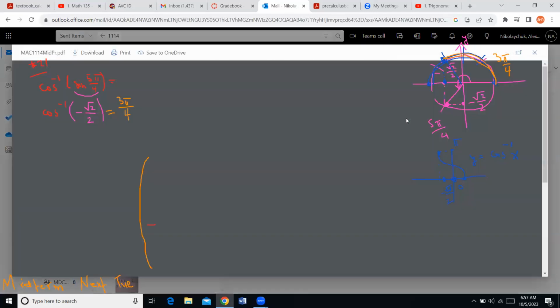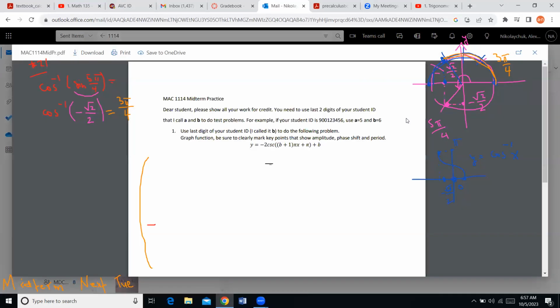So let me work out this problem for you as promised. On the midterm, you're going to be asked to use the last digits of your student ID. I think it starts with a 4, with a 9, but it doesn't matter here. You just go 1, 2, 3, 4, 5, 6.